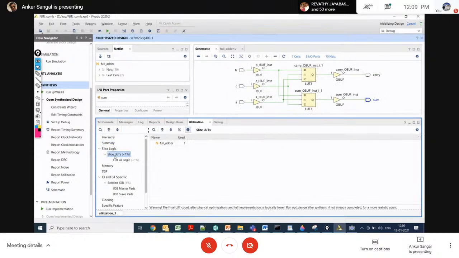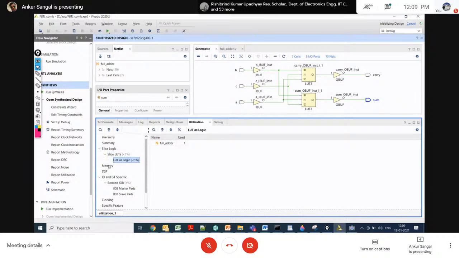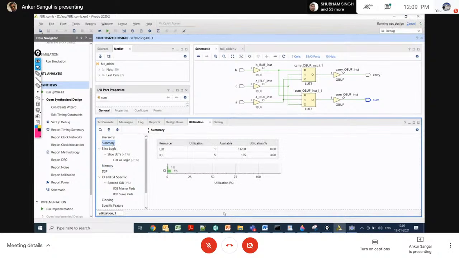You can see each and every resource. Memory and DSP are not shown here because they are not used, so no element is selected. And in the summary you can see the total utilization.